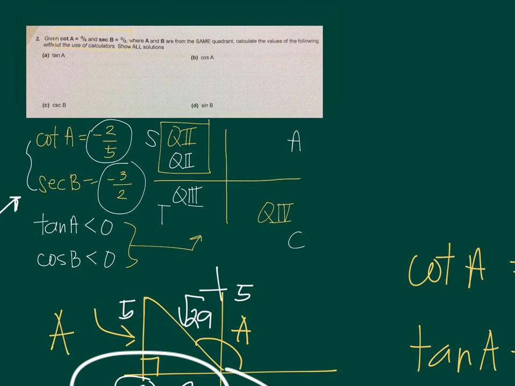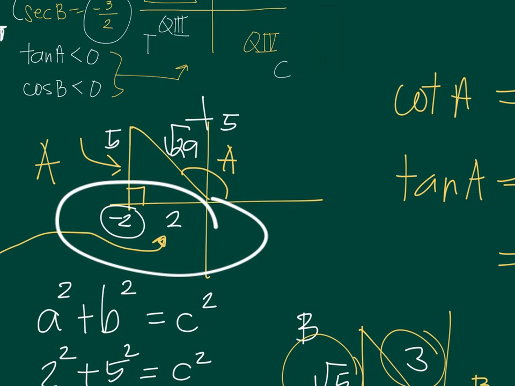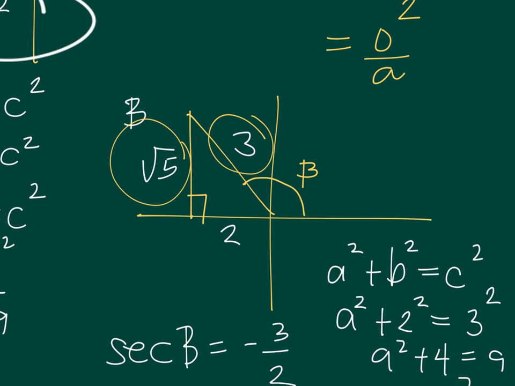Then you have to work on the reciprocals, cotangent for tangent, and then cosine for the secant respectively. And then after that, all you have to do is create the respective triangles. So in this case, we have A, and here we have B.